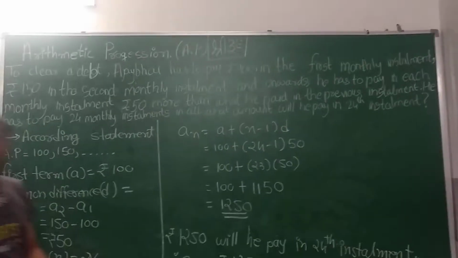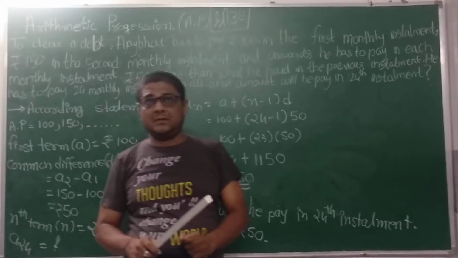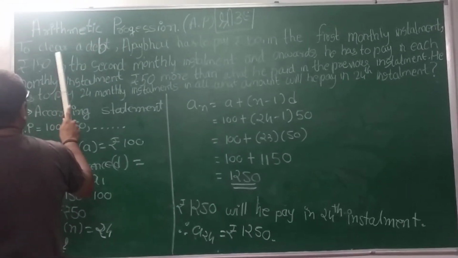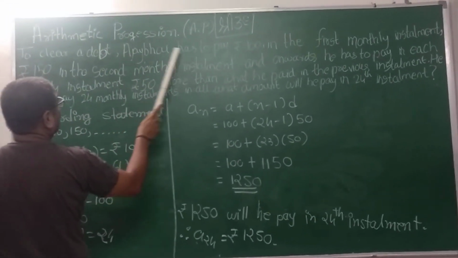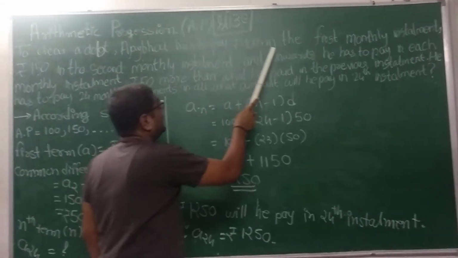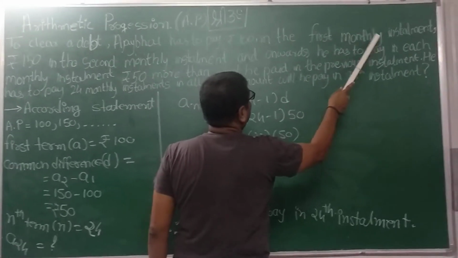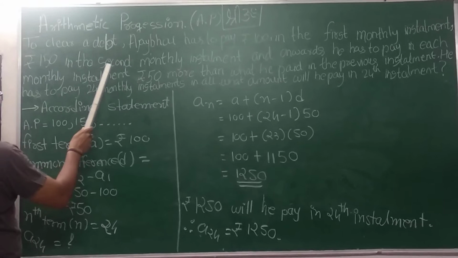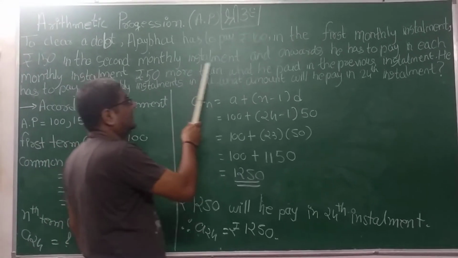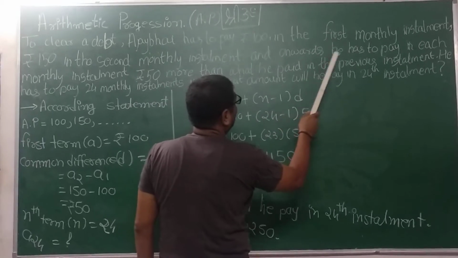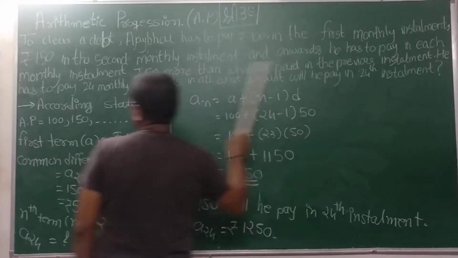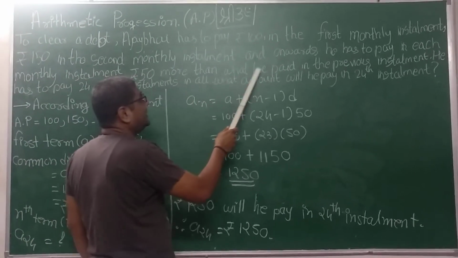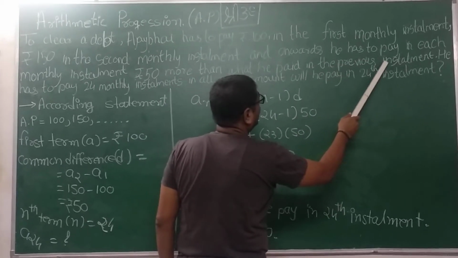Now we are going to study about problem sums in AP. So how is this problem sum? By example. To clear a debt, Ajay has to pay ₹100 in the first monthly installment, ₹150 in the second monthly installment, and onwards he has to pay in each monthly installment ₹50 more than what he paid in the previous installment.